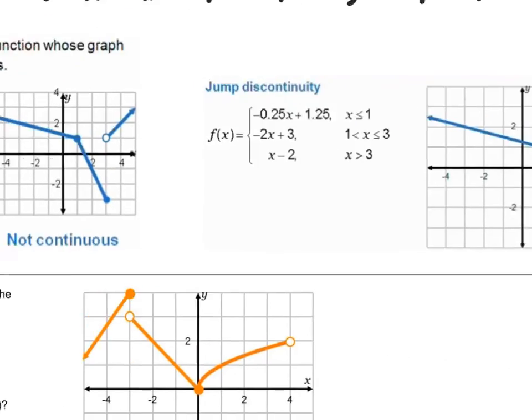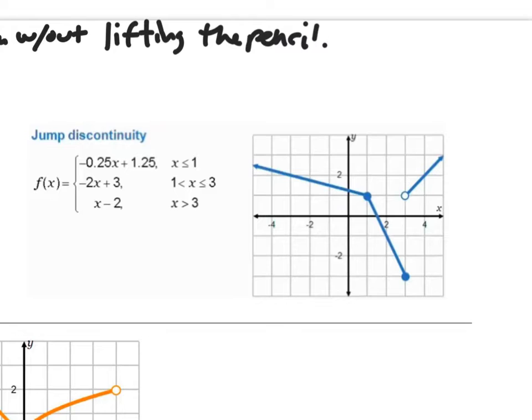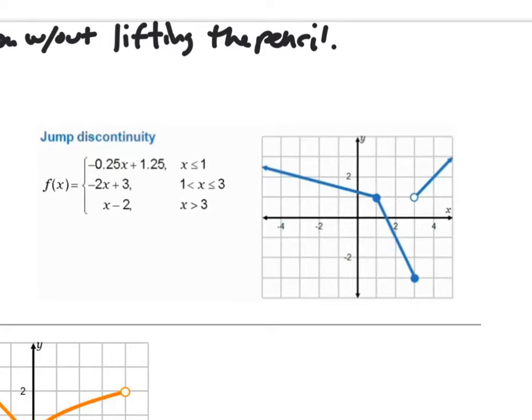So we have this thing called jump discontinuity. There's that function here, negative 0.25x plus 1.25, and then this is the graph negative 2x plus 3, and then this is the graph x minus 2. But these two graphs don't connect.